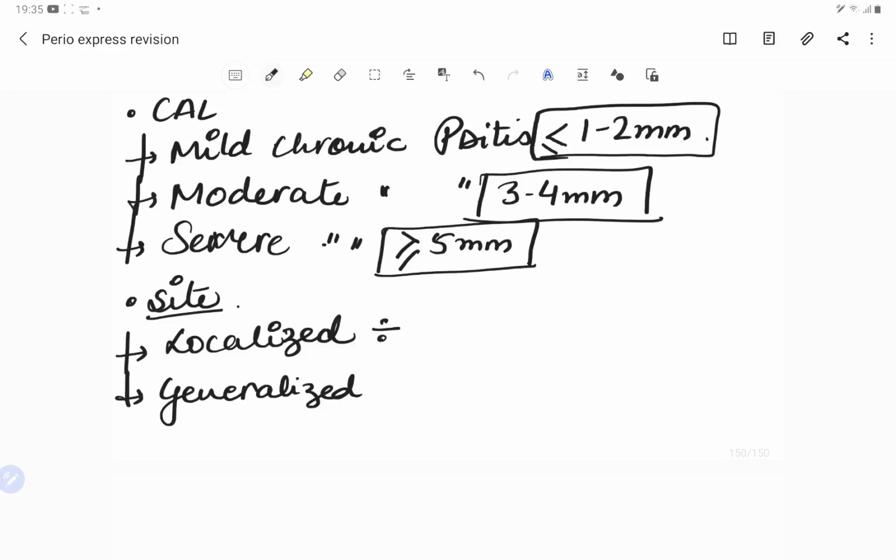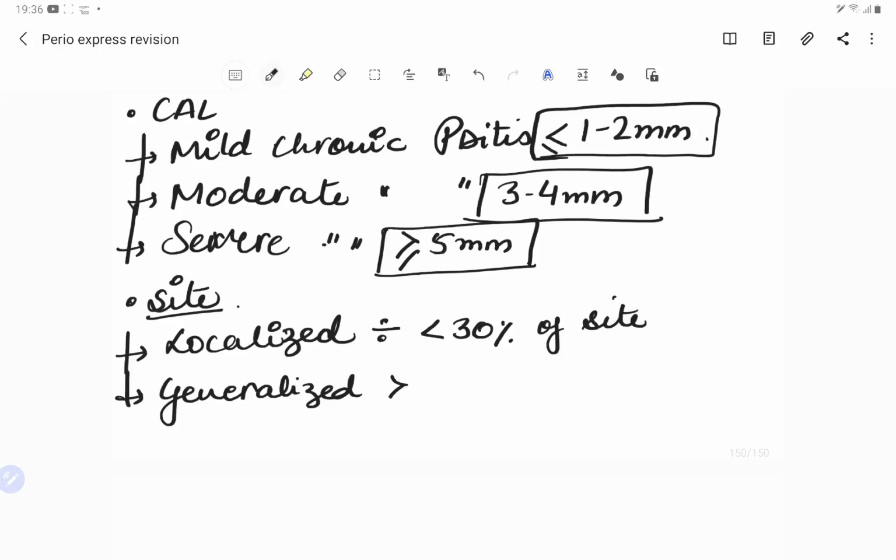Based on the number of teeth involved, when less than 30% of the teeth or sites show attachment loss and bone loss, we call it localized chronic periodontitis.